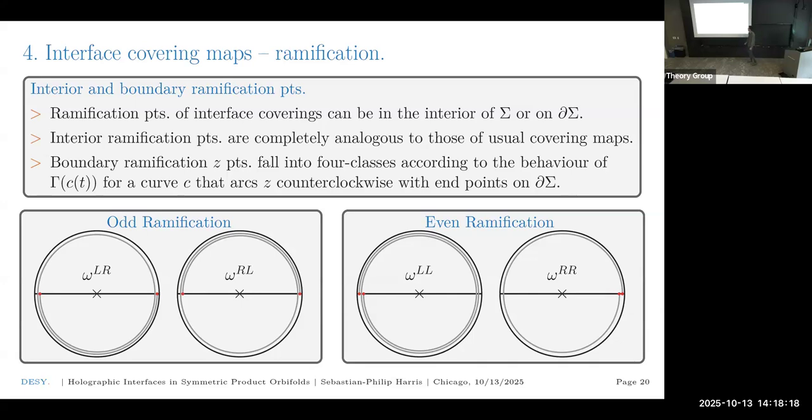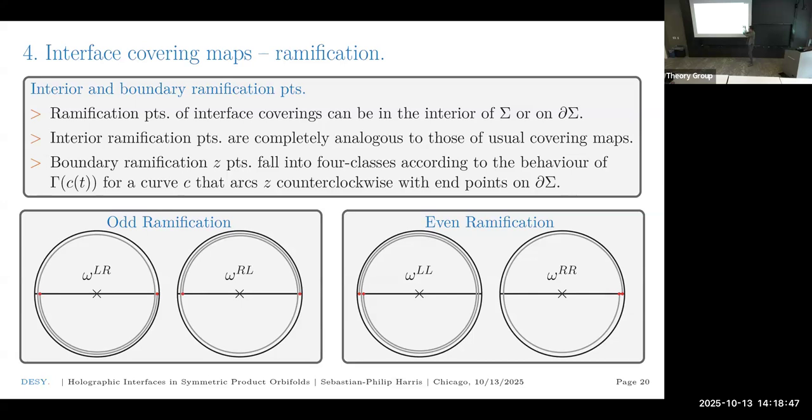And the way to think about this is you can consider your covering space sigma, which has a boundary, and on the boundary you consider your ramification point, and then you take the curve that starts on the boundary, moves into the interior of sigma, and ends on the boundary on the other side of the ramification point, in a clockwise or counterclockwise direction.